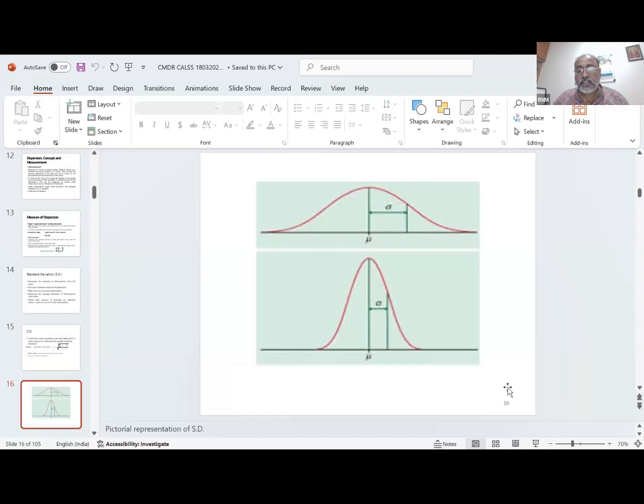In slide number 16, I have presented two types of normal data. One normal data has a very perfect kind of distribution, where you can see 50% of the distribution on the left side and 50% on the right side. But the distribution below is also normally distributed, yet a lot of data are clubbed together around the center.